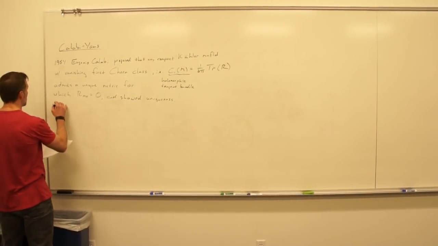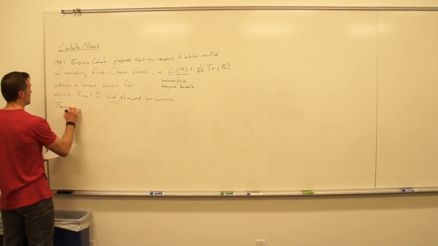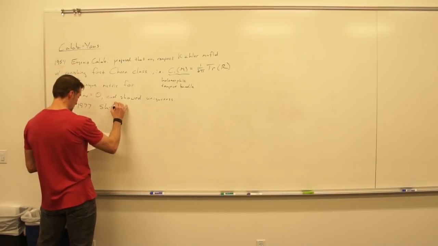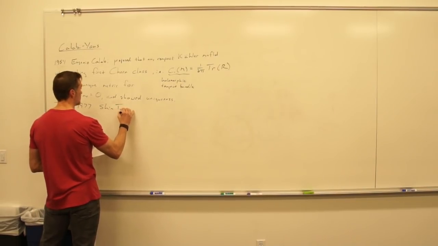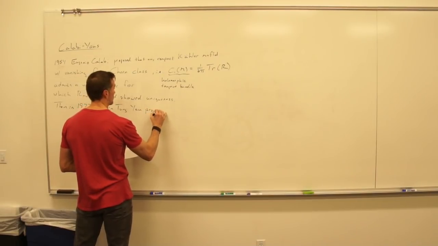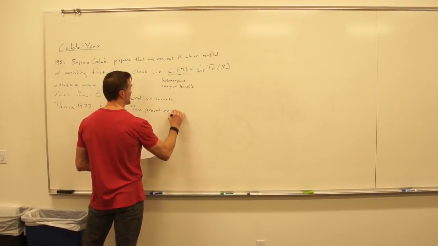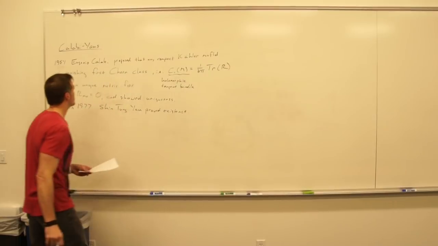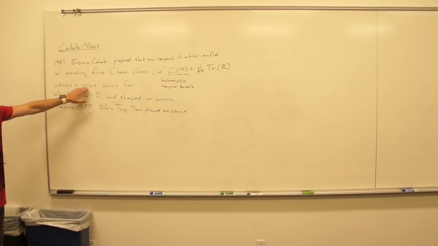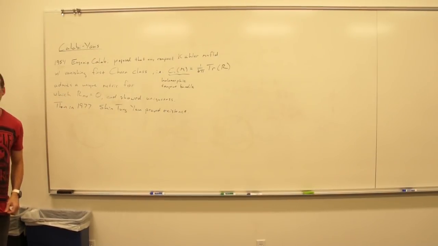And then in 1977, a guy named Shing-Tung Yau proved existence. So that is, Yau actually proved that this metric actually has to exist.